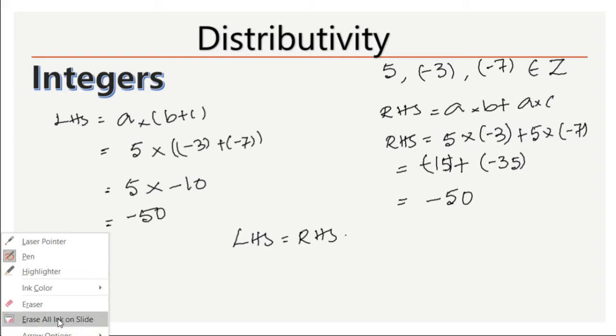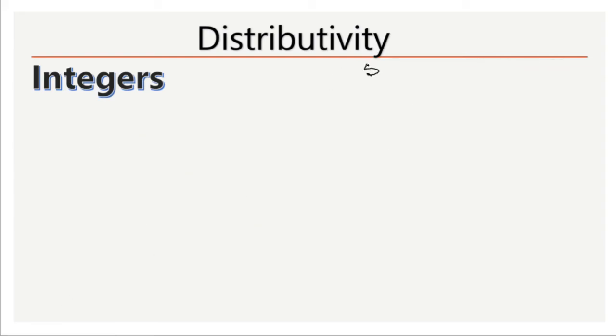Let me take the same example 5, negative 3, negative 7 for multiplication over subtraction.